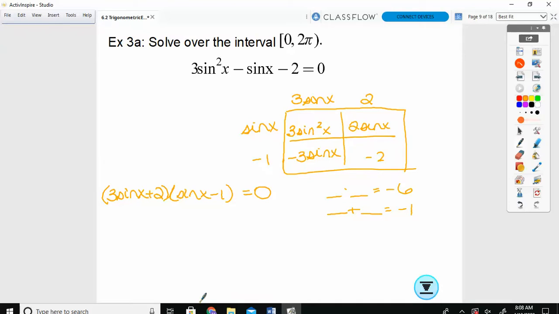So now we can set each of these equal to 0. So we have sine x equals -2/3 and sine x equals +1.